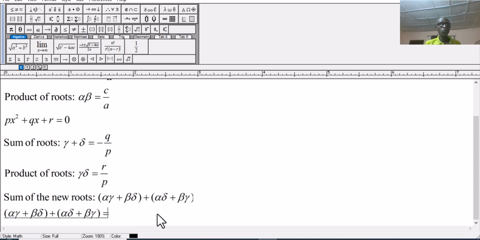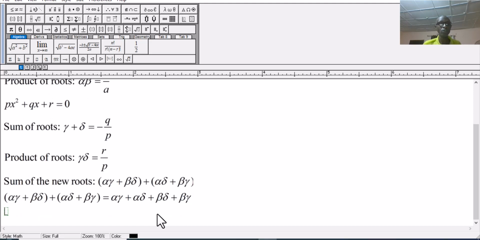So we have alpha gamma plus alpha delta plus beta delta plus beta gamma. I'm trying to bring it out in such a way that it will be easier for us.